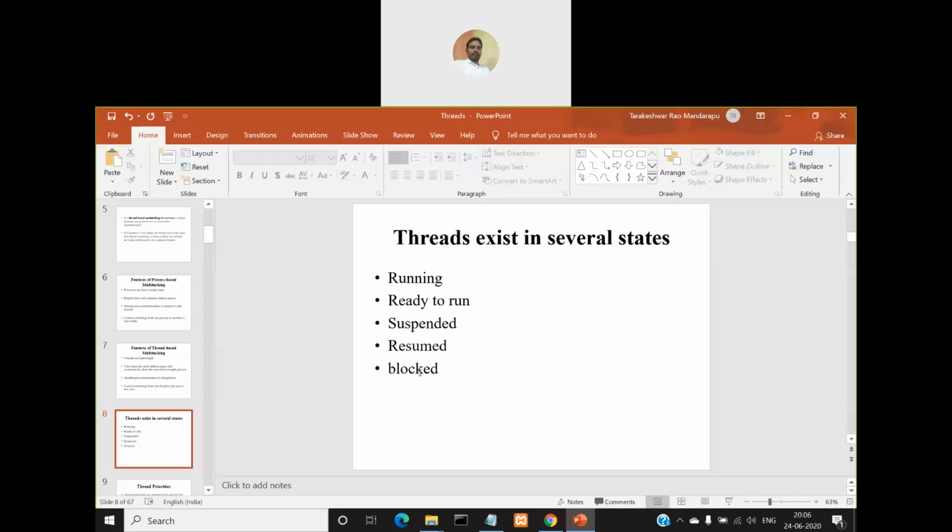Once the program has completed its execution, we say it is in a terminated state. In that way, depending on whether the thread has completed its execution, is about to start its execution, or has been suspended for some other operation, the thread can exist in any of these following states. Okay.